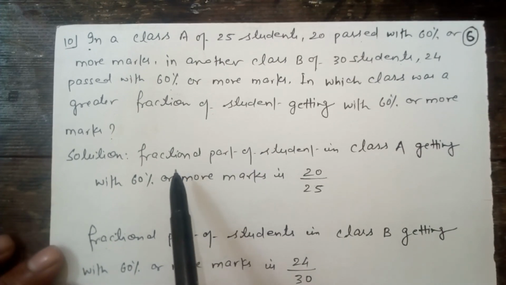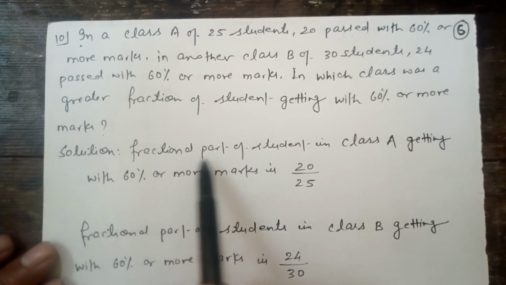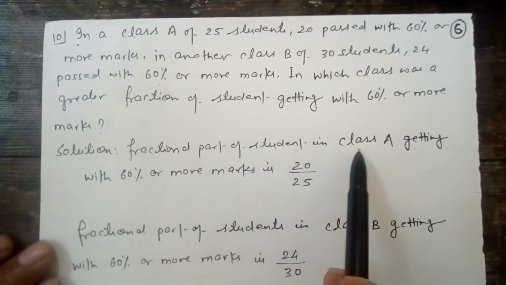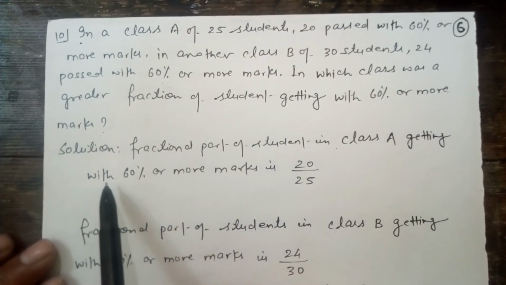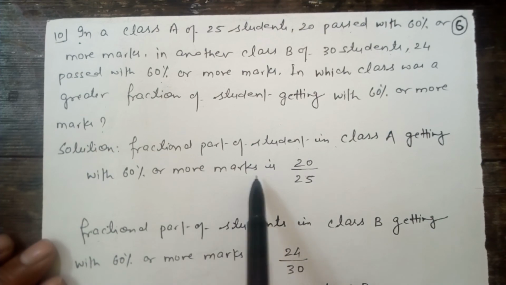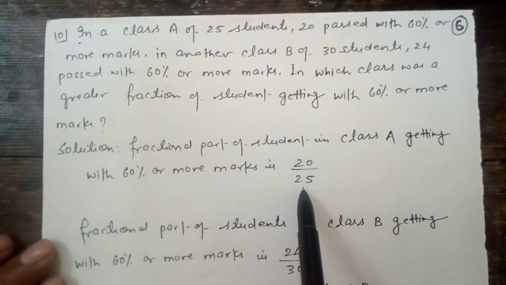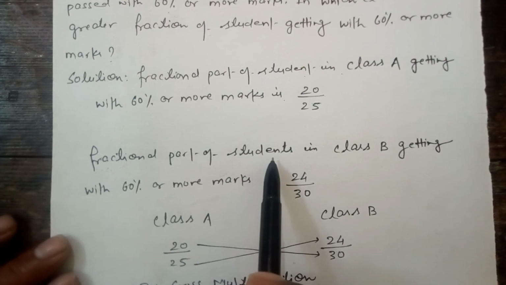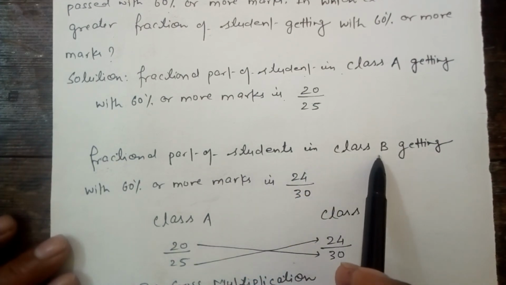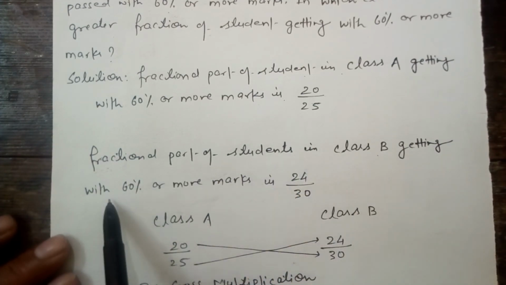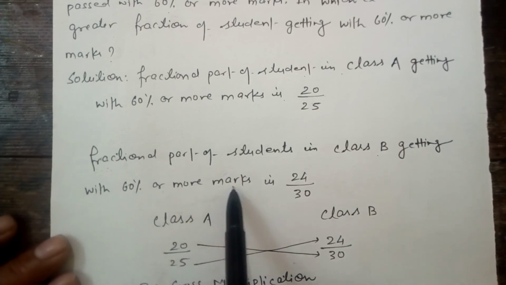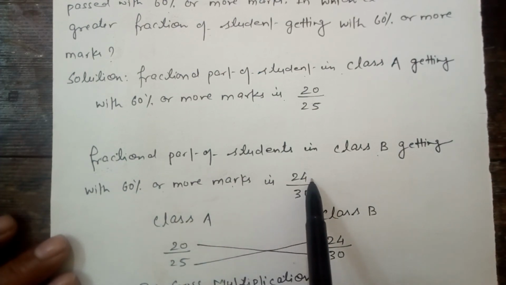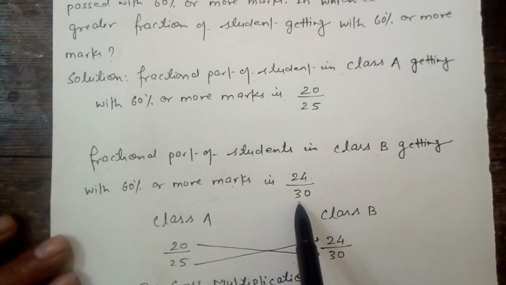Now look here. The fractional part of students in class A getting 60% or more marks is 20 upon 25. And the fractional part of students in class B getting 60% or more marks is 24 upon 30.